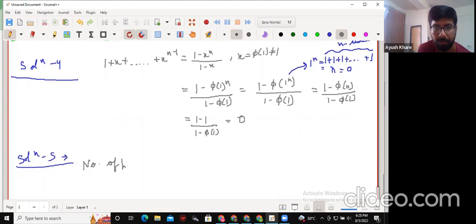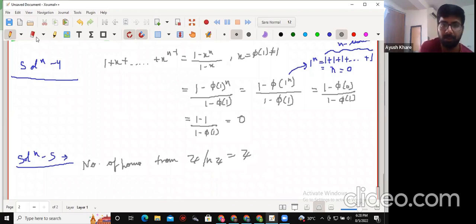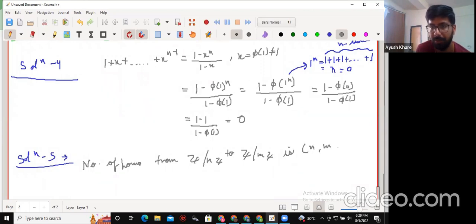Number of homomorphisms from Z mod mZ to Z mod nZ is equal to GCD of m and n.